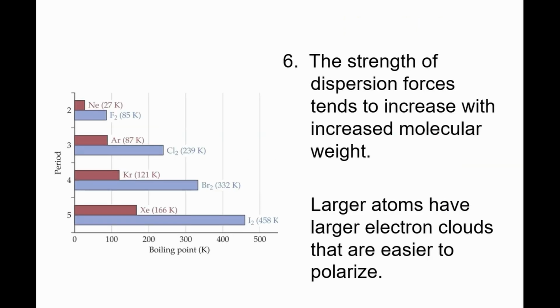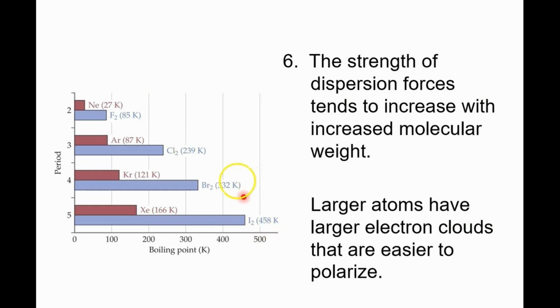So the more electrons something has, so we have some molecules and some atoms, and if we look at krypton up there, weighs almost 84, 36 electrons.